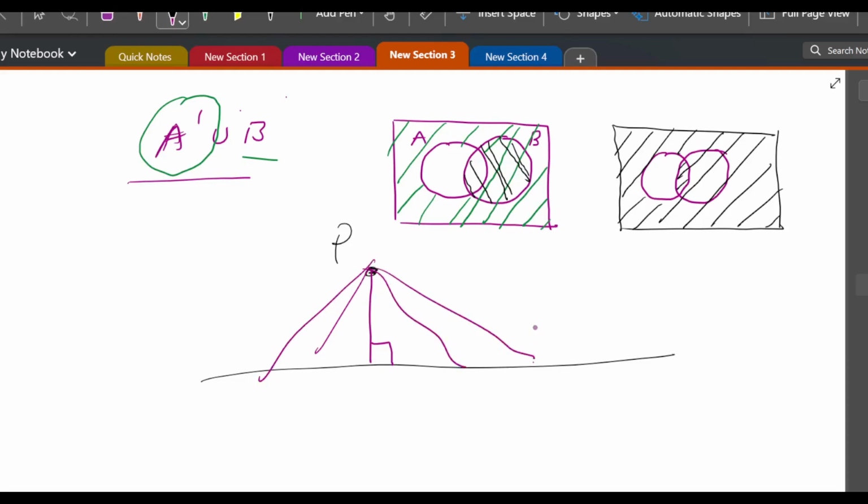So whenever they talk about shortest distance, draw the perpendicular line from the given point. Once you draw it, you can apply trigonometry there, because it's a right angle triangle, and you will get whatever they ask you.